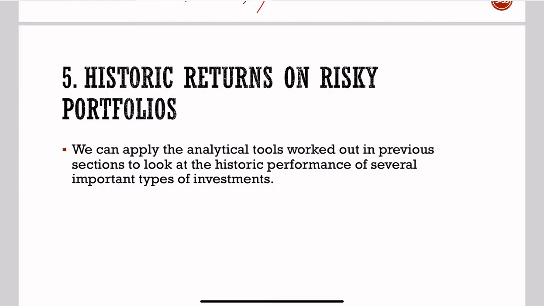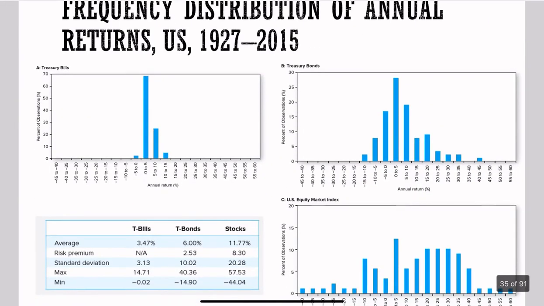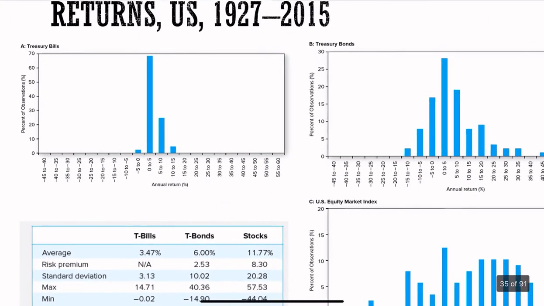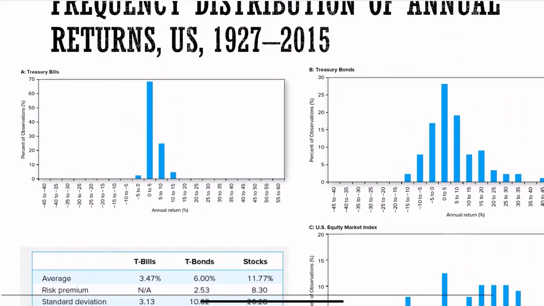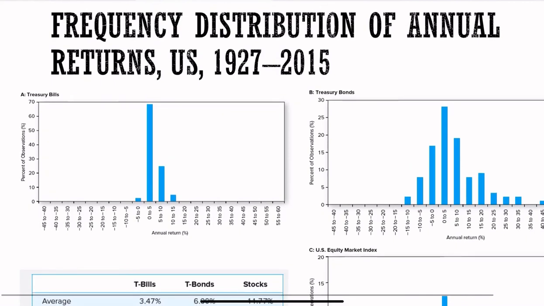After calculation, we will be able to find out these different investments' performance and their risks. First we will look at T-bills, T-bonds, and the U.S. equity index. Here we have some frequency distributions.